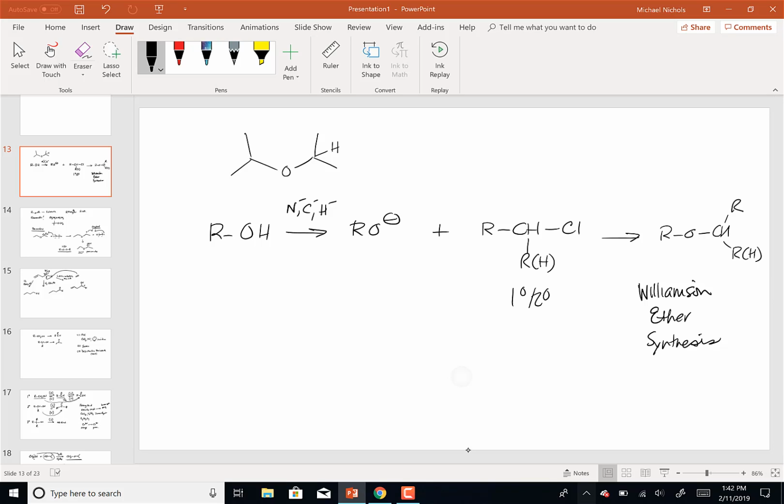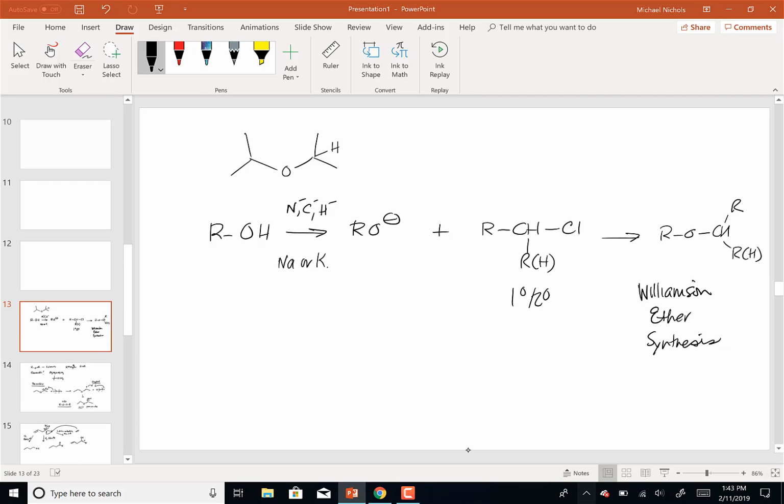I could also use sodium or potassium metal. And I know I mentioned that last week. So that's one way to make an ether, by Williamson ether synthesis.